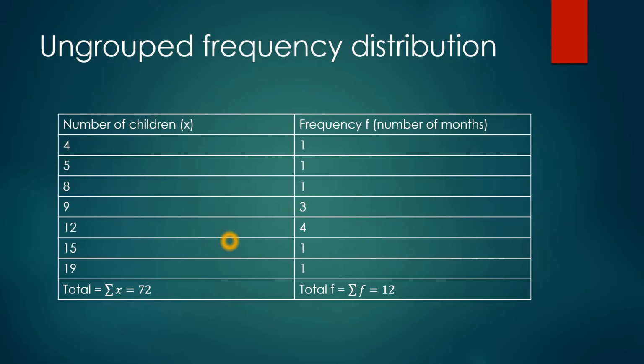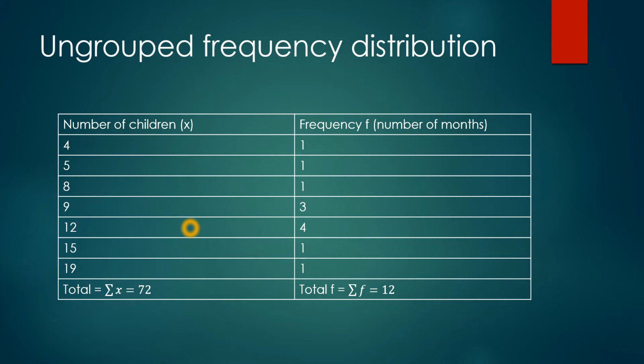So right now we have prepared the ungrouped frequency distribution table. It's ungrouped because each value in our data stands on its own. We are not going to create groups that contain ranges of values, as we will see in later videos. Now we have discrete values.